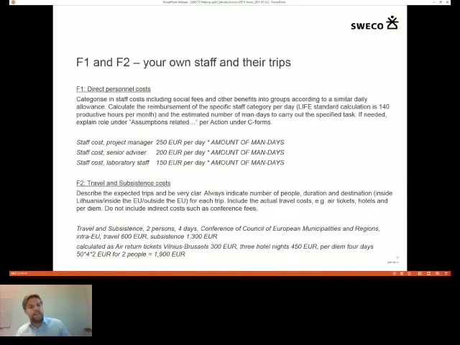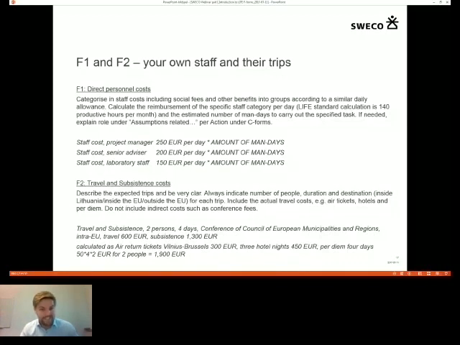But even if it's likely, because their headquarters is there, we put into travel 600 euros and subsistence 1,300, and this is calculated on that air tickets would cost about 300 euros, return Vilnius, Brussels. You would need 3 hotel nights, 2 people would be about 900 euros for those, and then the per diem for 4 days, counted on that 1 day is 50 euros, would be for 2 people about 400.